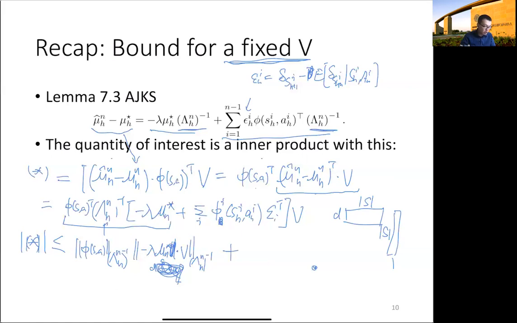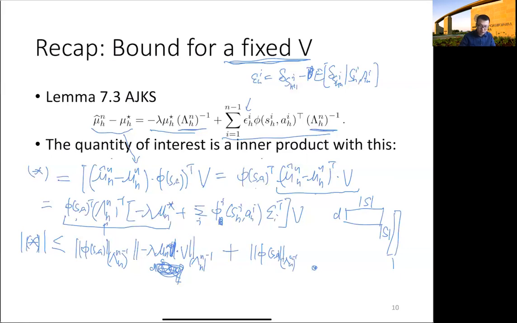For the second term, there's also this term that's around, and using exactly the same logic we bound it with this quantity.